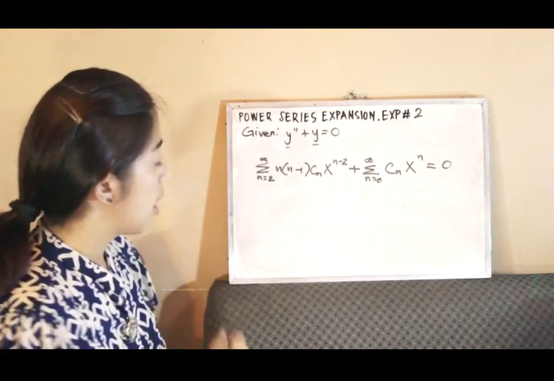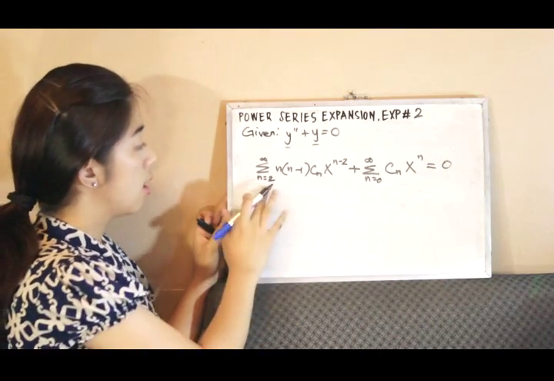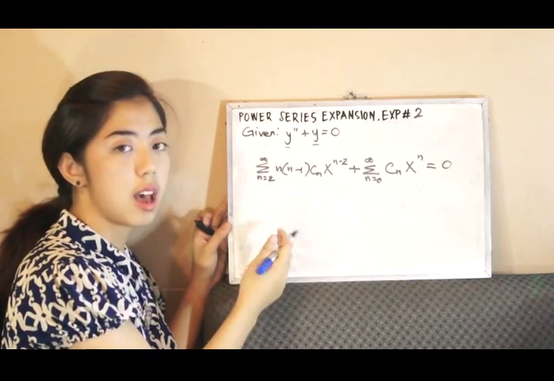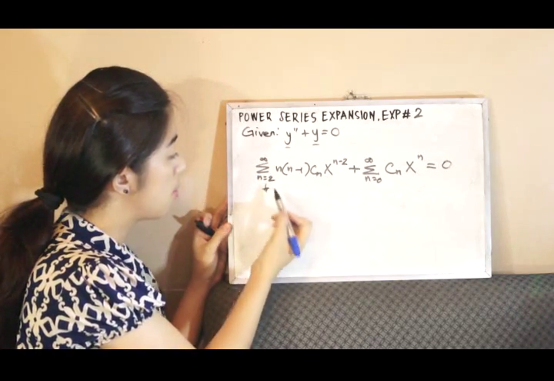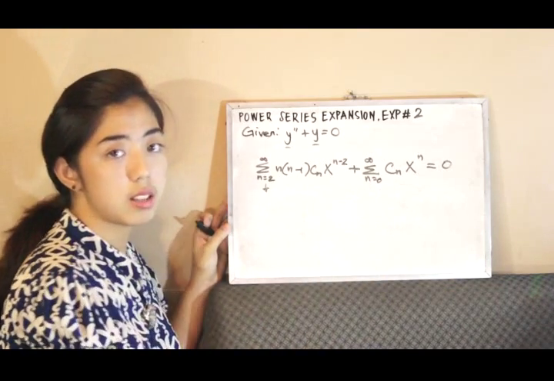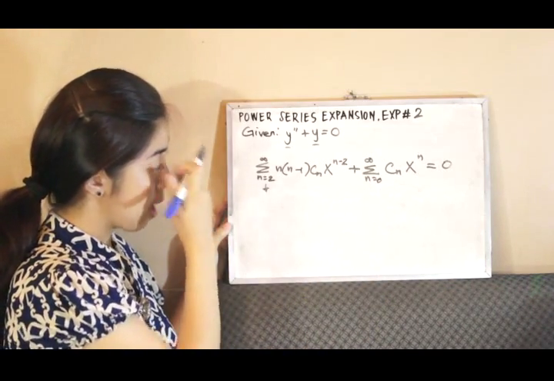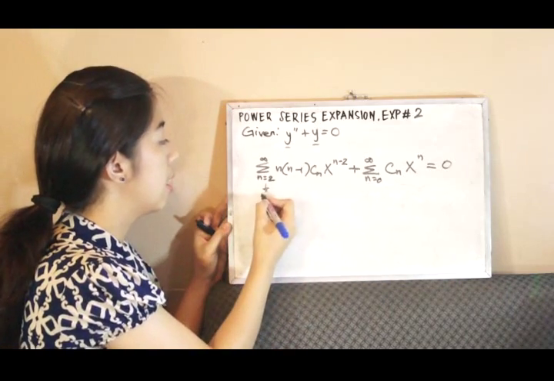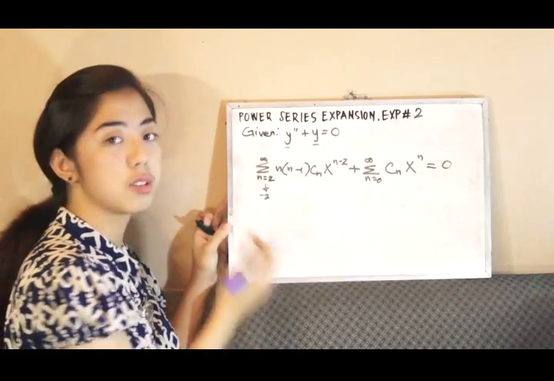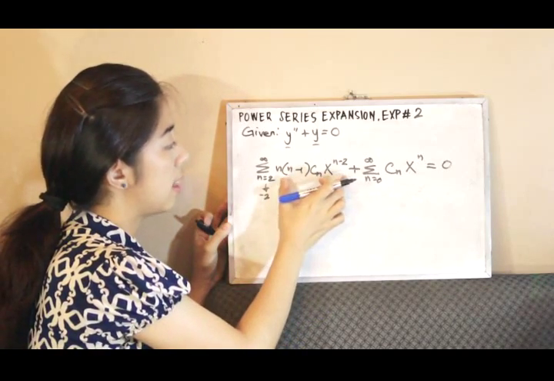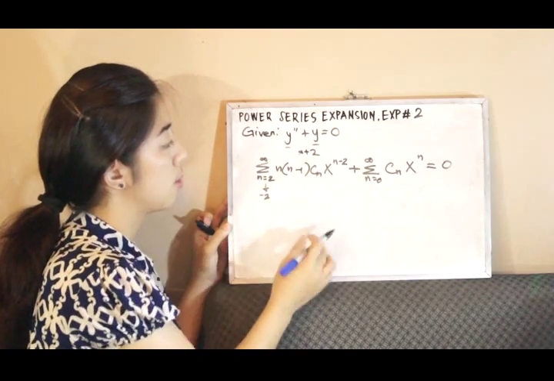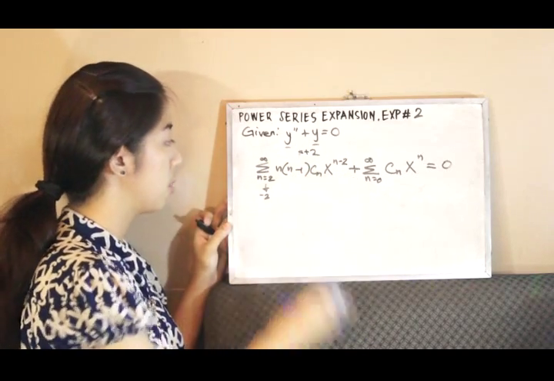And now, as we notice, we have an unbalanced summation sign, where the index of the first part is n is equal to 2, while here we have n is equal to 0. We could actually balance that out by subtracting 2 in here, so it will result in n is equal to 0, and balancing that, we should add 2 in this whole equation. So we will do that.